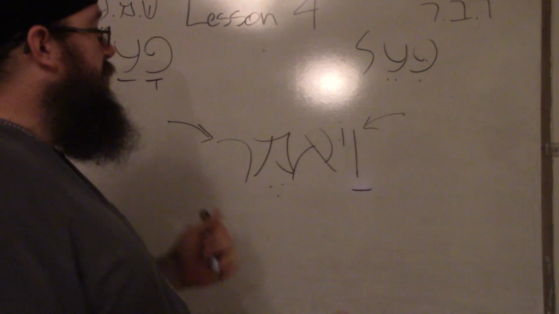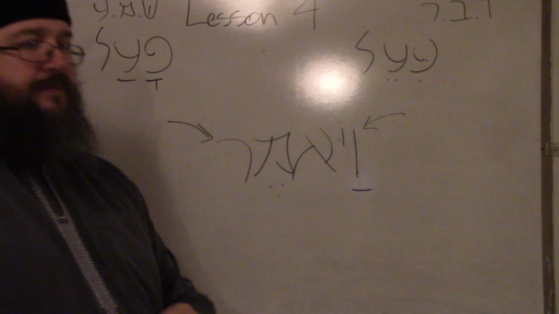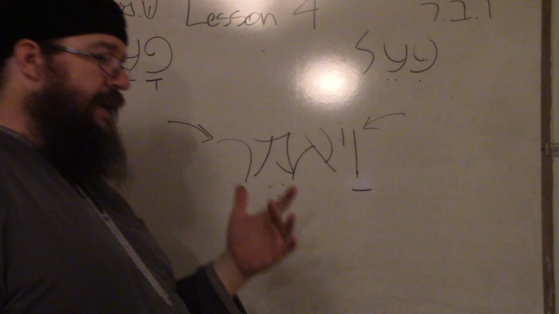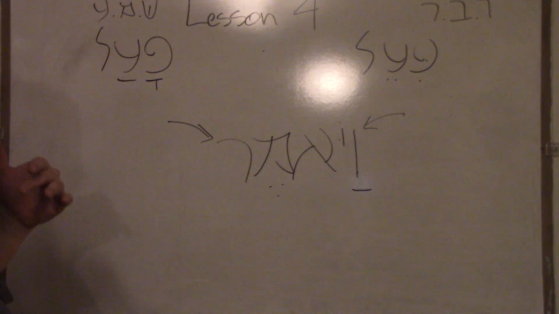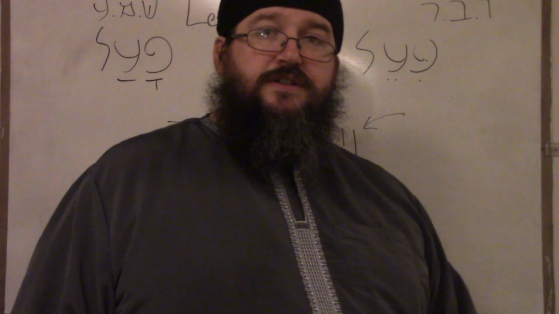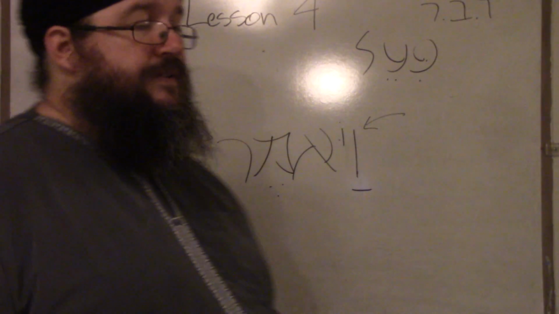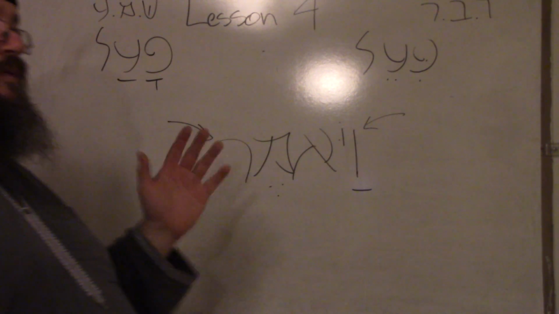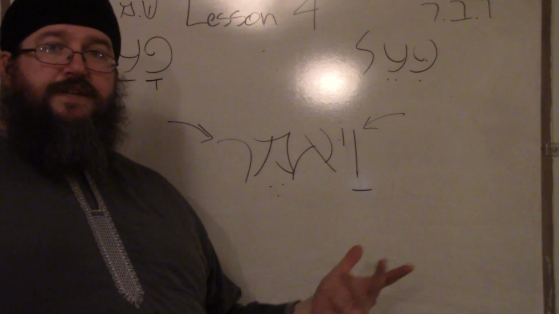This is going to help you memorize that something that's prefixed is talking about something in the future. If it's affixed, it's something in the past if it's a verb. If it's prefixed, it could be something added to a noun, such as a definite article. If it's affixed, it could be a pronoun, which we haven't gotten to yet, but we'll get there. It could be a pronoun that makes the noun possessive, okay?